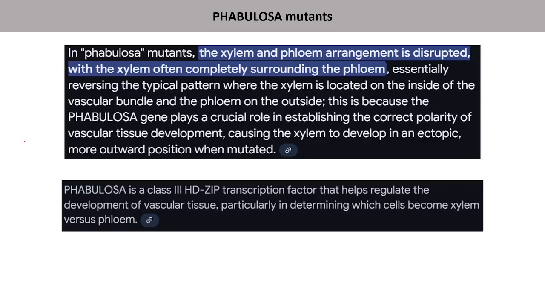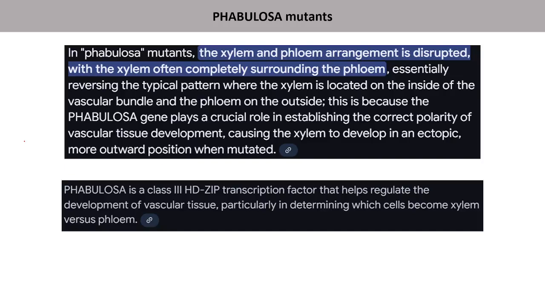But because of the mutation in the PHB gene, the reverse arrangement of the vasculature happens, where the xylem completely surrounds the phloem. This essentially reverses the pattern, where the phloem gets located inside the vascular bundle and the xylem comes outside.